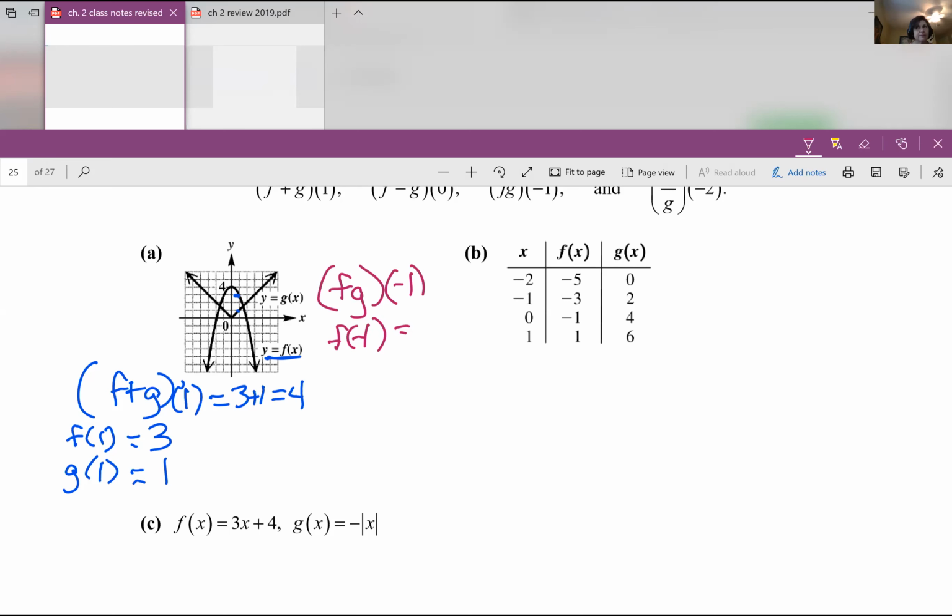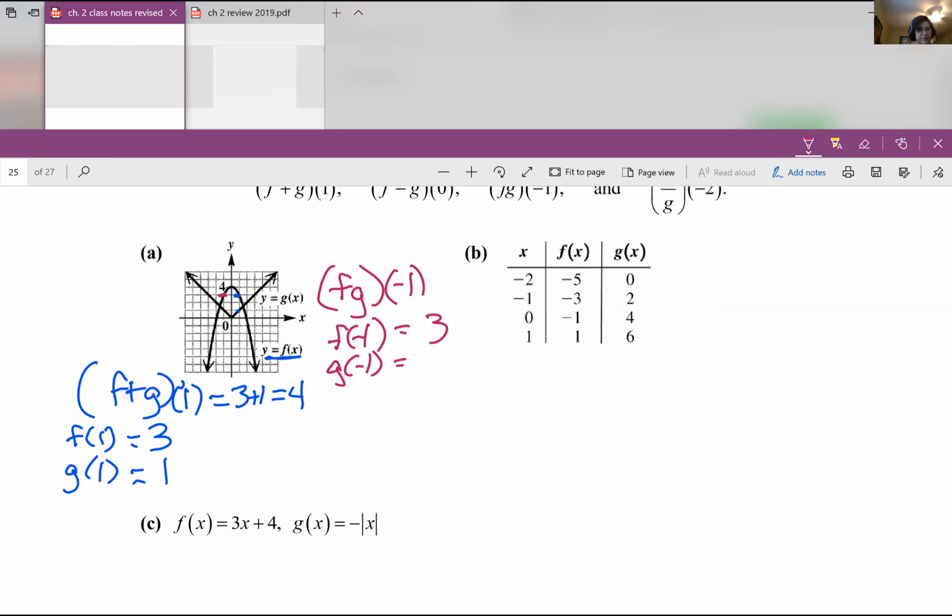Do y'all agree? Yeah, Jakarian's right. When x is -1, y is 3. Now, what is g of -1?